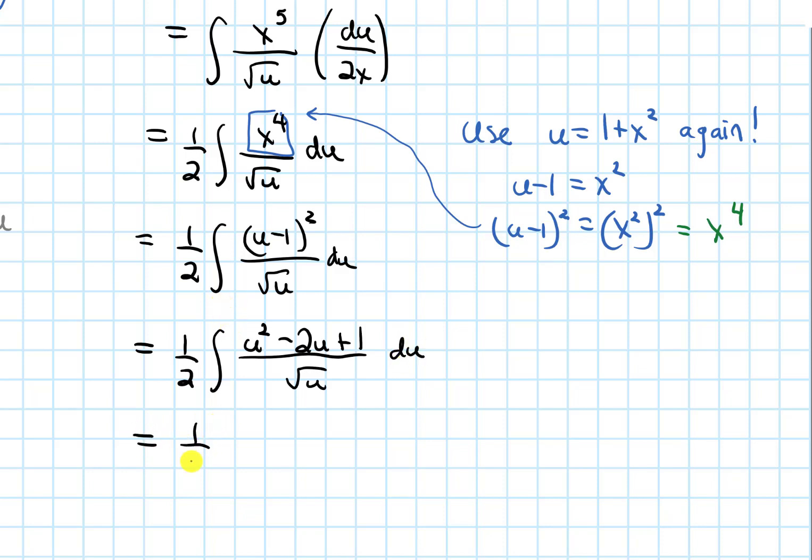Now we can split up this fraction into pieces. Let me rewrite the square root of u as u to the 1/2: u squared over u to the 1/2, minus 2u over u to the 1/2, and finally plus 1 over u to the 1/2 du.